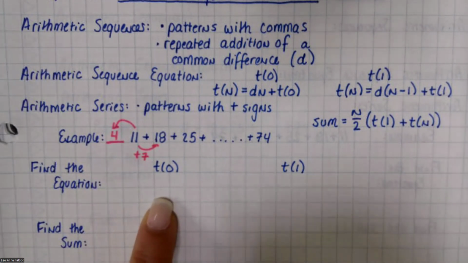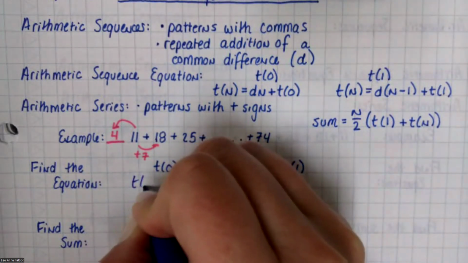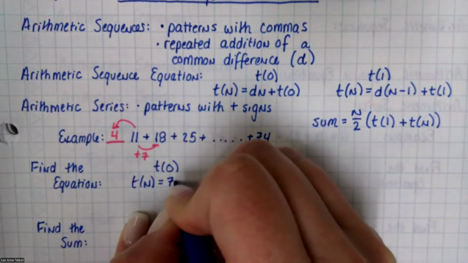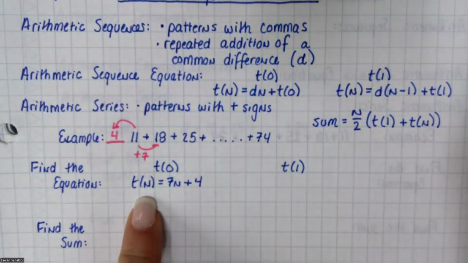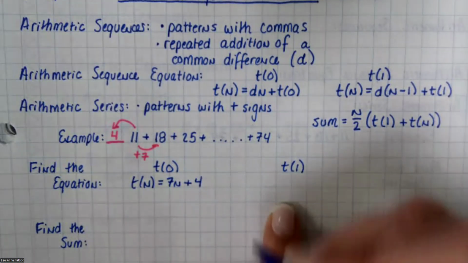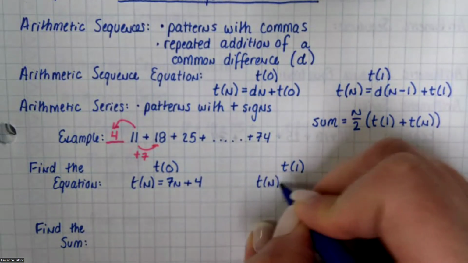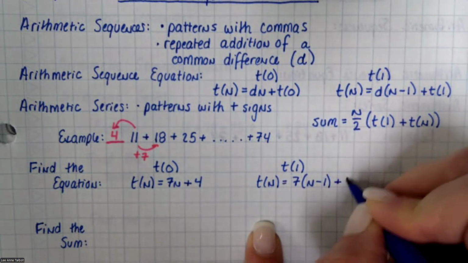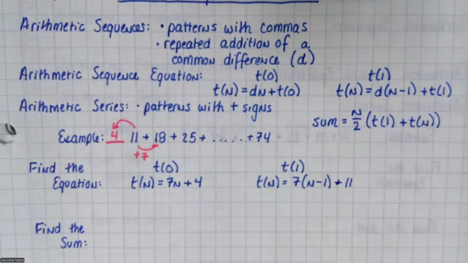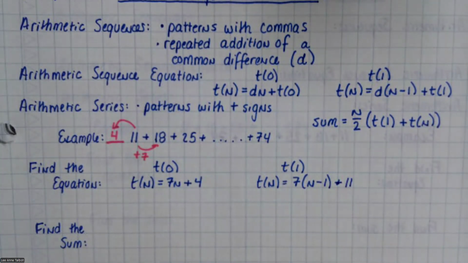So the equation for term 0 would be T of n equals 7n plus 4. And then for term 1, T of n equals 7(n minus 1) plus 11. I'm hoping that's starting to click now.